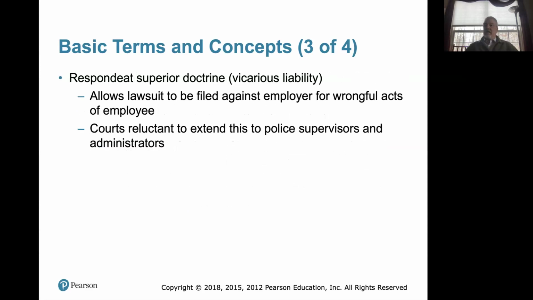The idea is that not only can you hold the police officer responsible, but you may also be able to hold the supervisor responsible, the agency responsible, and even the state that establishes the agency responsible. It's another fancy term called vicarious liability, but the idea is that you could actually, depending on the circumstances, hold all of those entities responsible for the actions of the police officer.